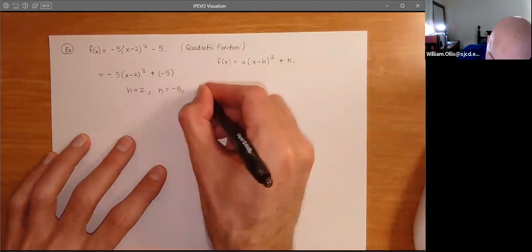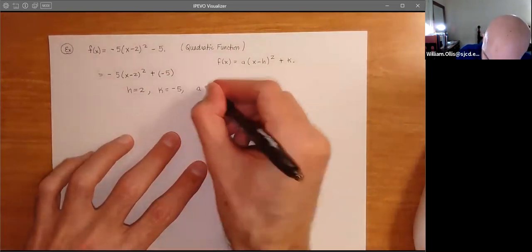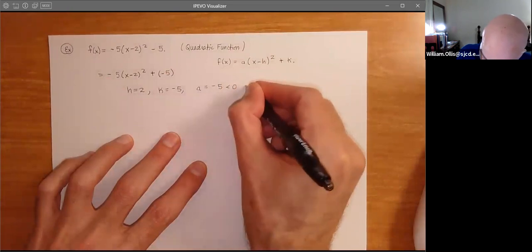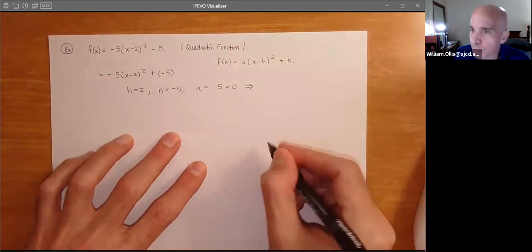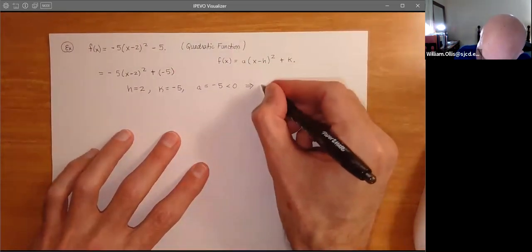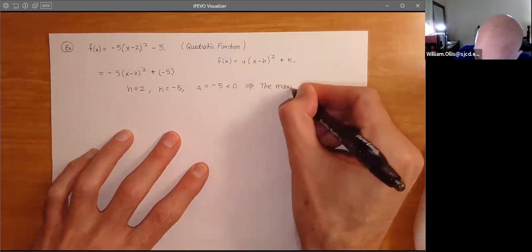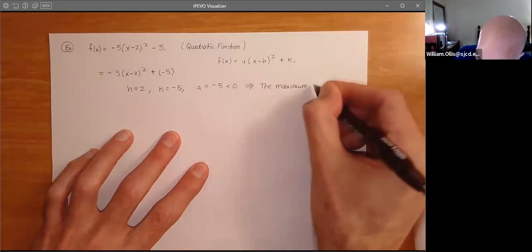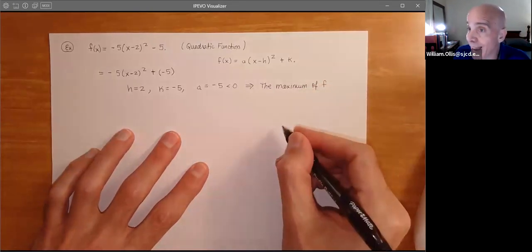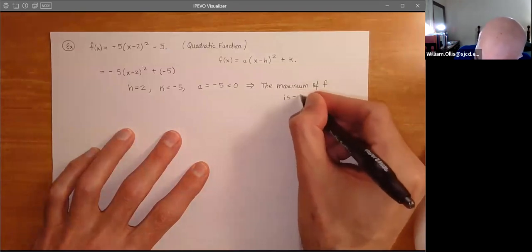And also a, which is the leading coefficient, equals negative 5, which is less than 0. So by our theorem, kind of a theorem, we didn't call it a theorem, but it is a theorem, we say the maximum of f, you could say maximum value, or the maximum of f is negative 5.